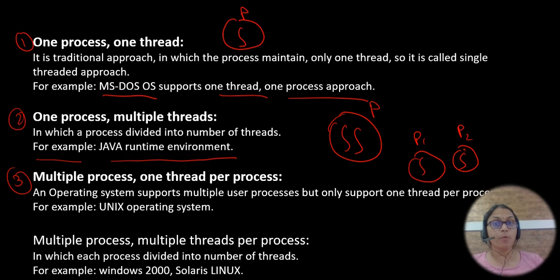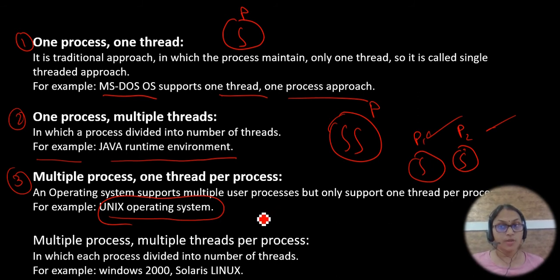Even though it supports multiple user processes, P1 and P2, the operating system acts on processes, not on threads. For example, the Unix operating system uses the multiple process, one thread concept.